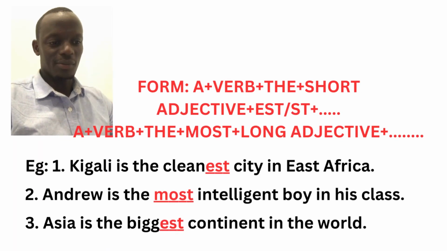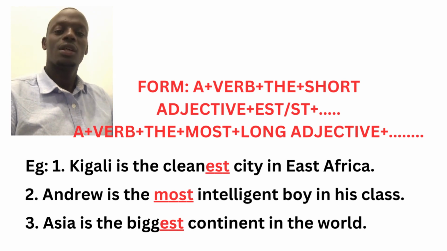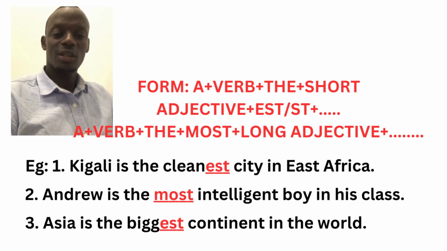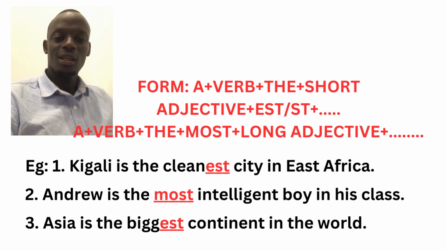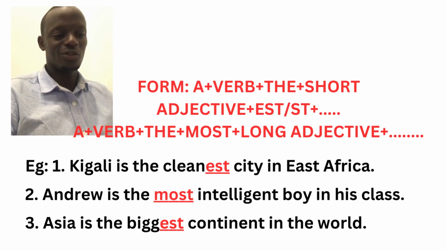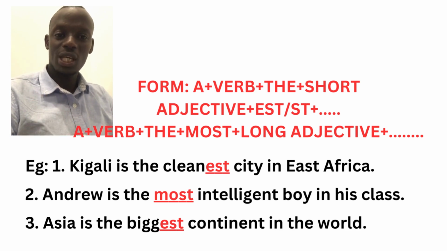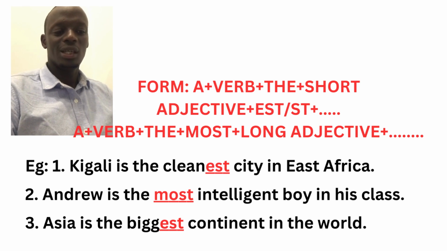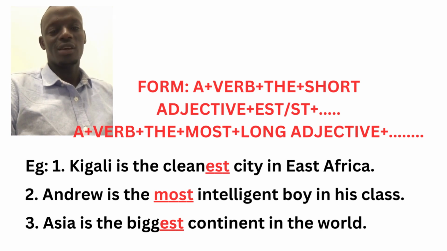Let us now use some examples to understand how the superlative form is used in English. Previously, I've told you that we add est on some short adjectives or single syllable adjectives to make the superlative form, whereby we are comparing one thing with many other things. Now, example number one, Kigali is the cleanest city in East Africa.